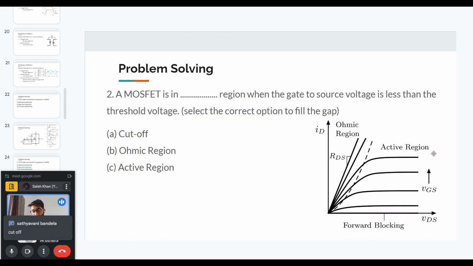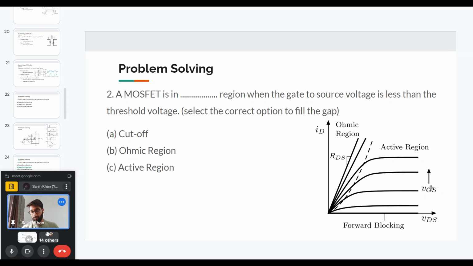As the gate source voltage rises, we come first to the active region. In that region, the current is limited, and if we want to go for higher currents, we will not be able to. The VDS will start to rise.